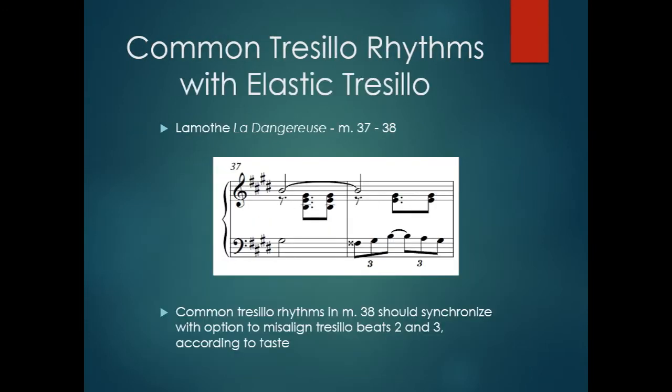Here we have another interaction of tercio rhythms, but this time with elastic tercio rhythms. This is from Lamotte. In this sense, if we have Tresillo against 5-beat syncopated rhythm, it seems that we should favor synchronizing, since we have triple meter or Tresillo rhythm in common.